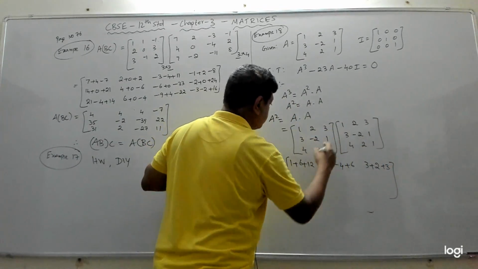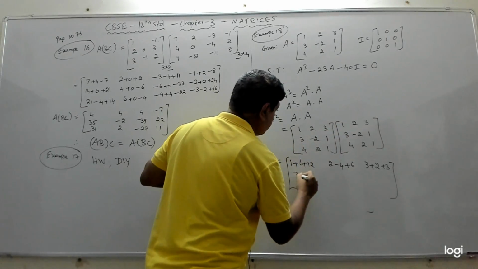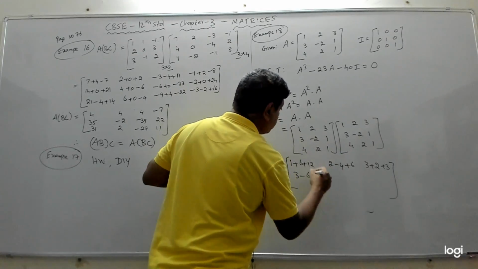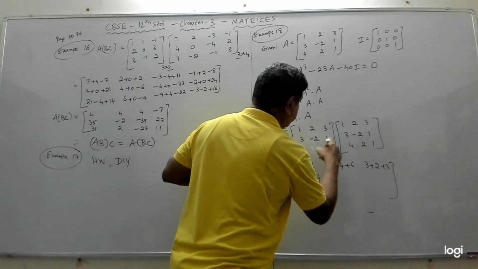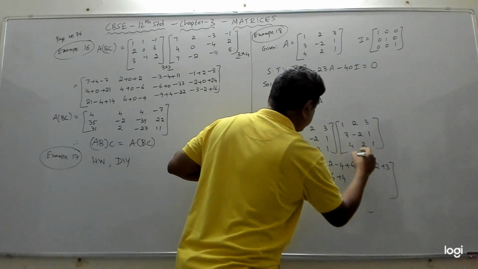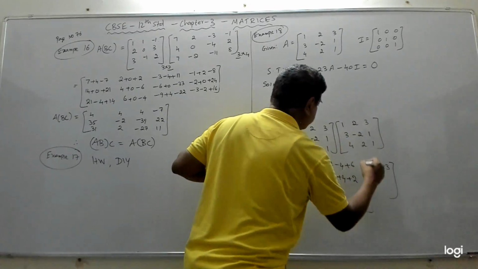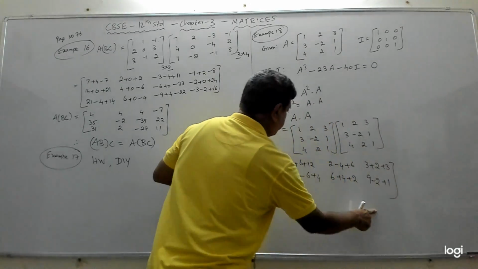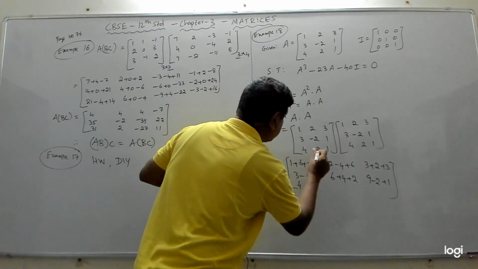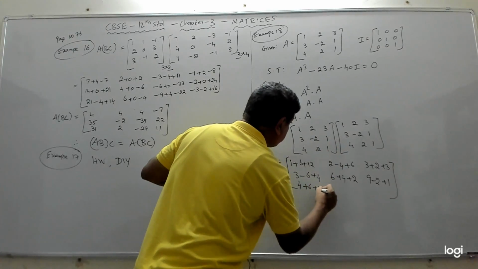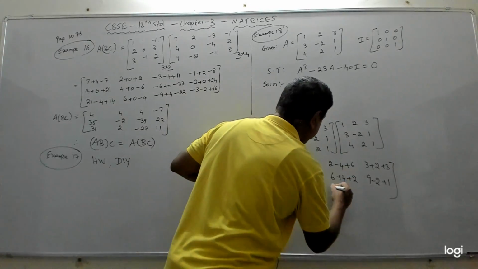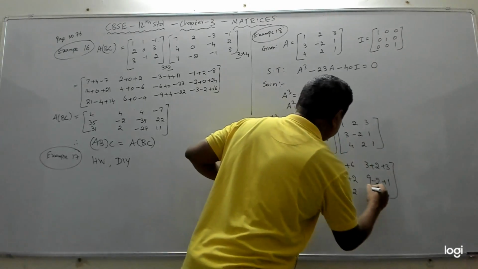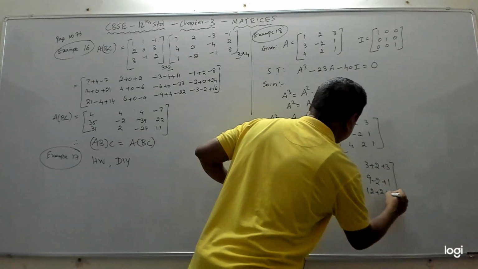Then again, 3 times 1 is 3, minus 2 times 3 is 6, 1 times 4 is 4, and 3 into 2 is 6, minus 2 into minus 2 is plus 4, 1 into 2 is 2, and 3 times 3 is 9, minus 2 times 1 is minus 2, 1 times 1 is 1, then 4 times 1 is 4, 2 times 3 is 6, plus 4 times 1 is 4, 4 times 2 is 8, 2 times minus 2 is minus 4, 1 times 2 is 2, 4 times 3 is 12, plus 2 times 1 is 2, plus 1 times 1 is 1.